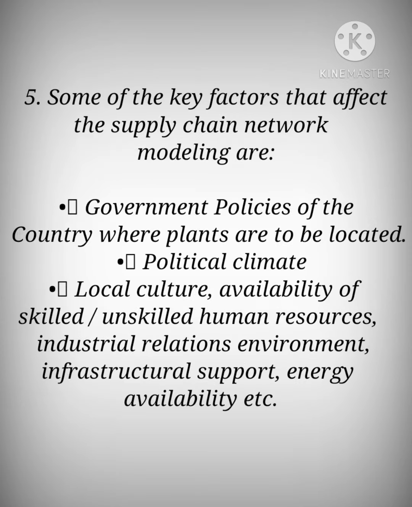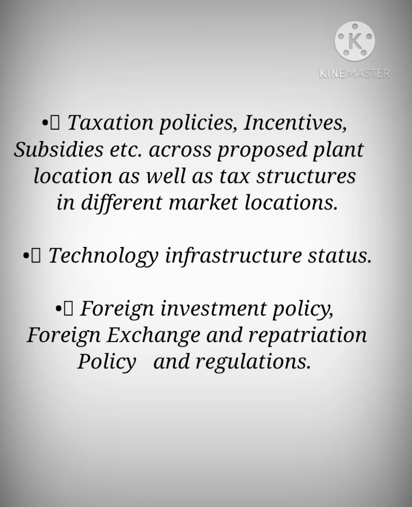So, the fifth factor of supply chain management is some of the key factors that affect the supply chain network modeling: government policies of the country where plants are to be located, political climate, local culture, availability of skilled and unskilled human resources, industrial relations, environment, infrastructural support, energy availability, etc. Taxation policies, incentives, subsidies, etc. across proposed plant locations as well as tax structures in different market locations.